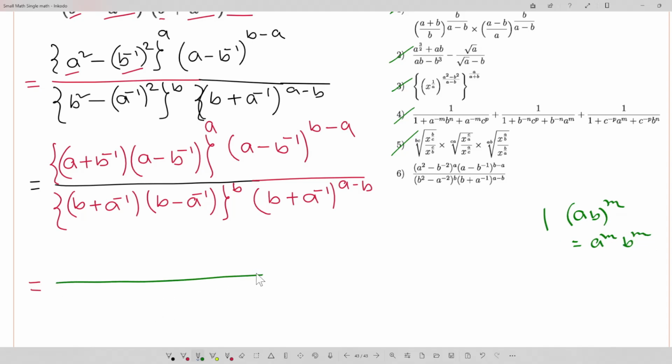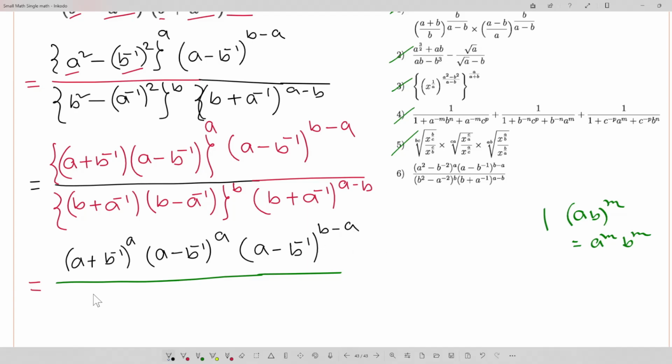So the same thing here: we can write (a + b⁻¹)^a, the same (a − b⁻¹)^a, and here (a − b⁻¹)^(b−a). In the denominator also the same thing: (b + a⁻¹)^b times (b − a⁻¹)^b, and times (b + a⁻¹)^(a−b).